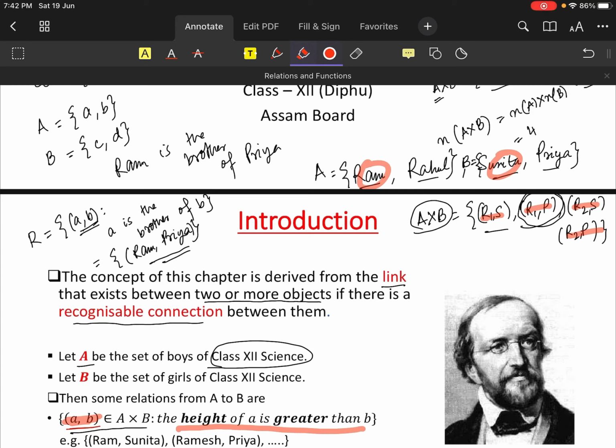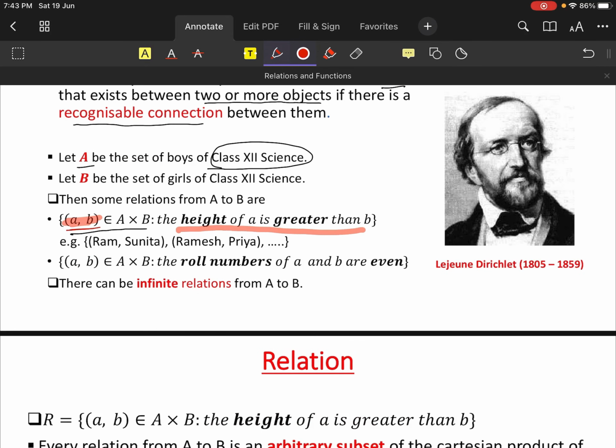When you form that relation set, Ram and Sunita will come. It's all about which two elements are related by that relation. Ram and Sunita have brown hair, so they form that ordered pair. It's all about following the relation.